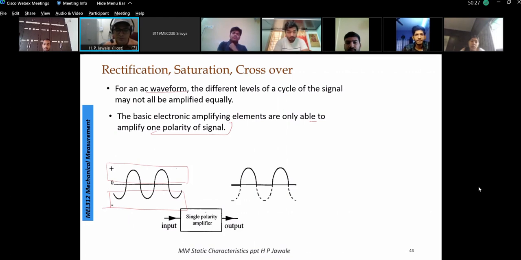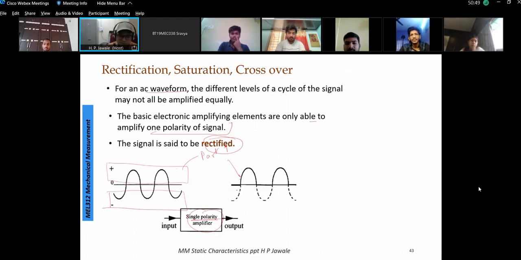Say for example, if the amplifier has a property of single polarity amplification, it will amplify only one part, that is shown here. So part 1 is amplified here, part 2 will not be amplified, and here there will not be proper signals. So this is called rectification. Because of the process, we find that it has rectified the lower half. The signals are rectified.